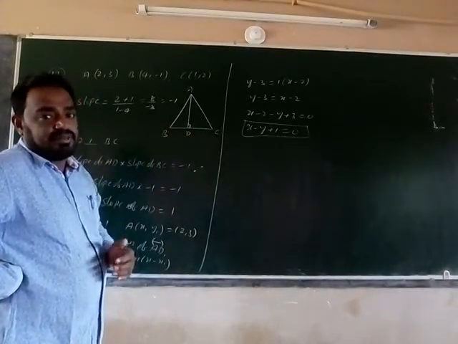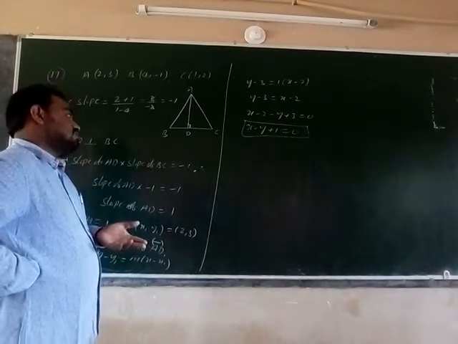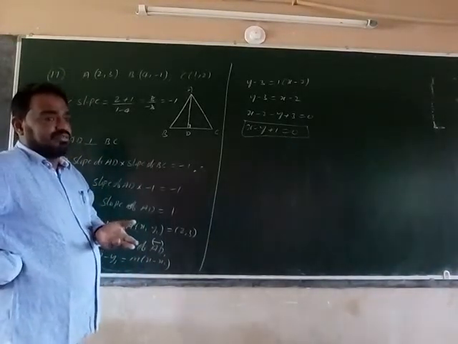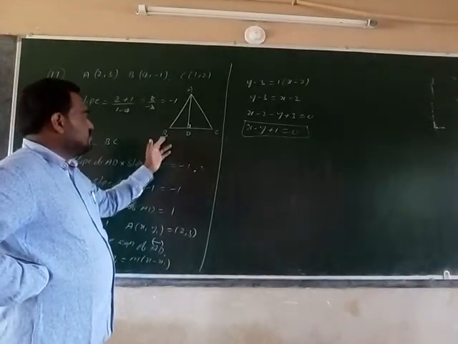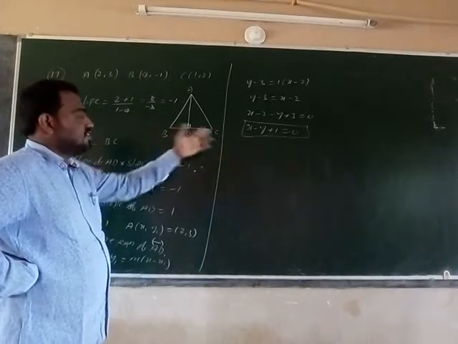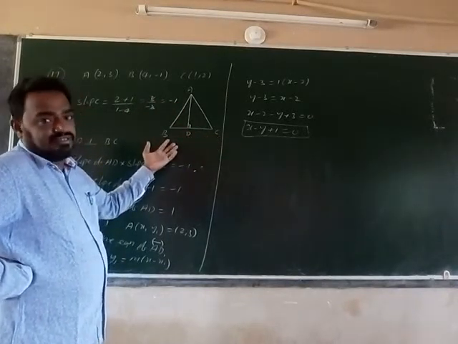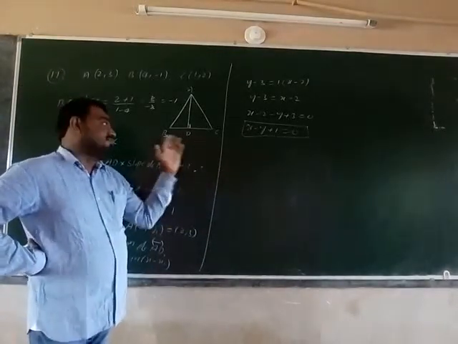How? It passes through 2 points, so the line equation is y minus y1 is equal to y2 minus y1 by x2 minus x1 into x minus x1. Otherwise, the BC slope we already know, that is minus 1, and it is passing through B or C. y minus y1 equal to m into x minus x1. From that also we get the BC equation.